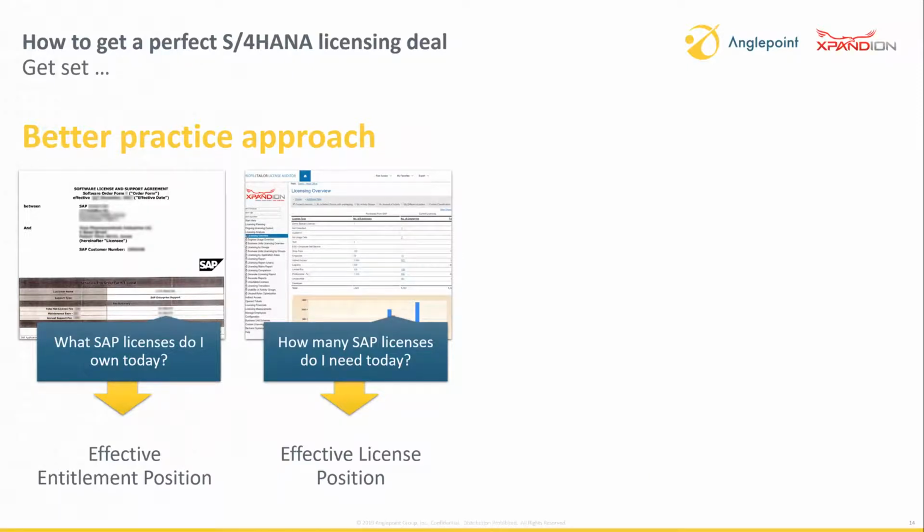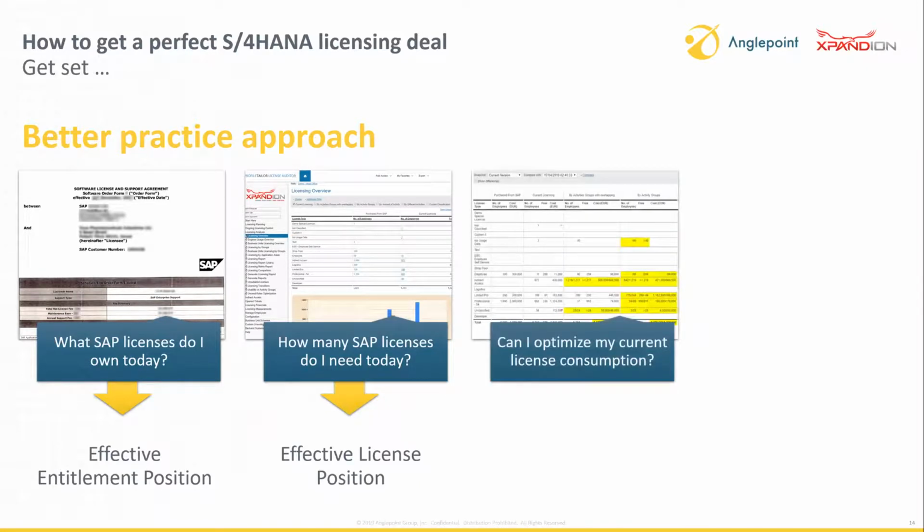Just as an example, in one organization, we discovered that 10% of the users were not using the system as they were expected by the granted authorizations. And therefore, this is very, very common. And therefore, they managed to reduce those users' licenses from professional to employee, and save, let's say, significantly.